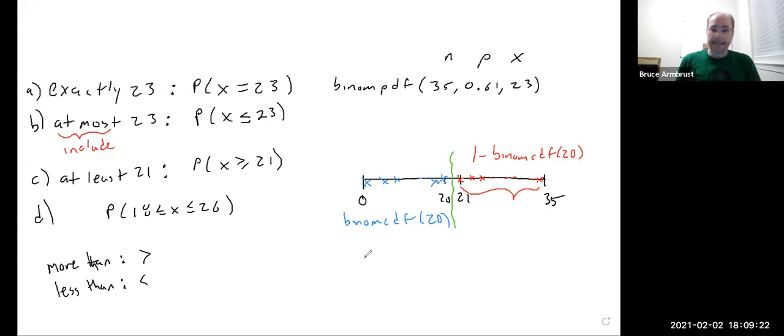So let's look at 18 through 26. Same picture, 35, 0. Somewhere on here is 18, and somewhere up here is 26. This time, I want just 18, 19, 20, up through 26.